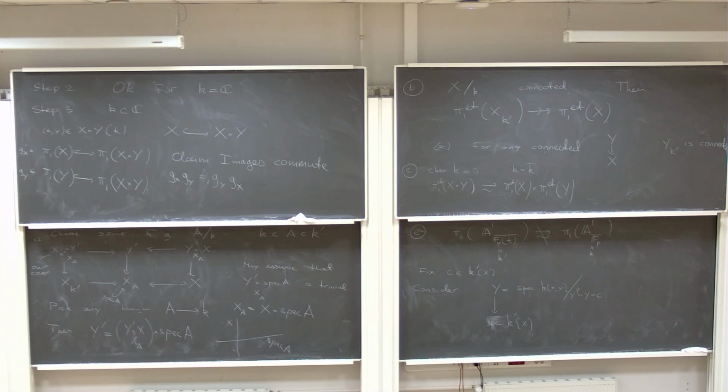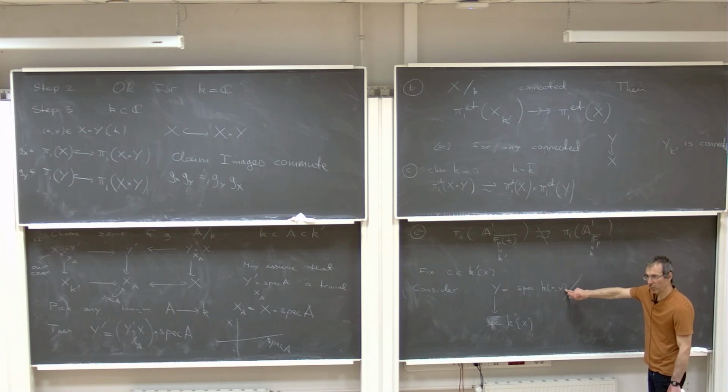So I consider a curve in the two-dimensional plane given by the equation y to the pth power minus y is equal to c.